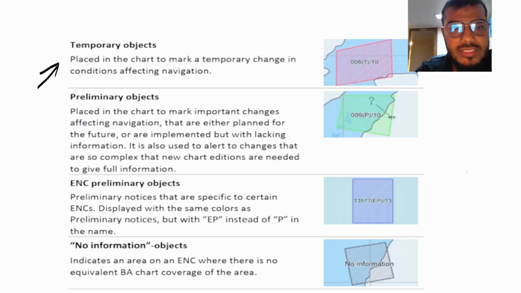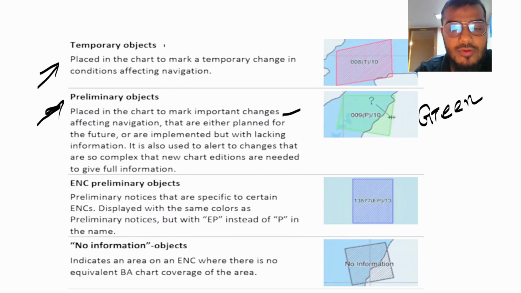These are temporary objects placed in the chart to mark a temporary change in conditions affecting navigation. And in the case of preliminary, you will find it in green color.